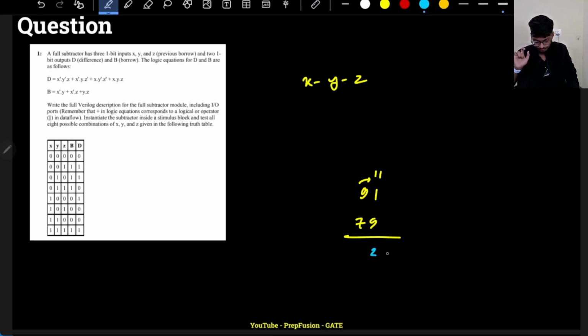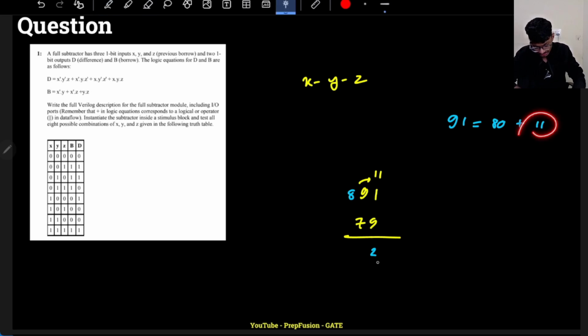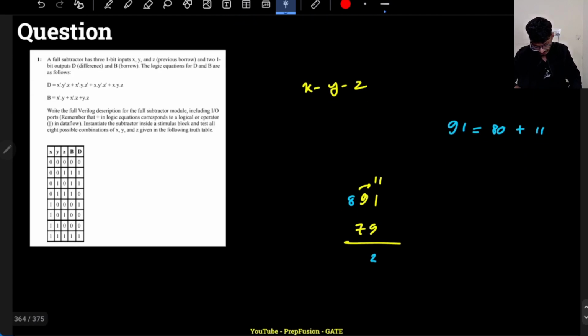So I write here 2. Then it comes back here, and this becomes 8 because I have already taken a 1 here. Basically, we are writing 91 as 80 plus 11, so that I can subtract this 9 from this 11 and get a proper number, and this 80 can then be subtracted from this 70.